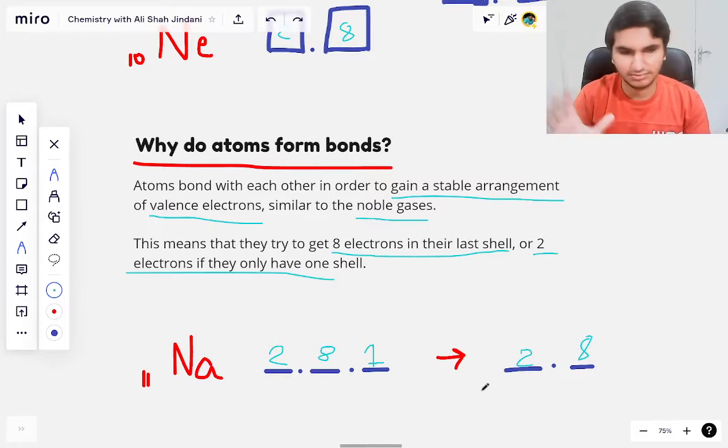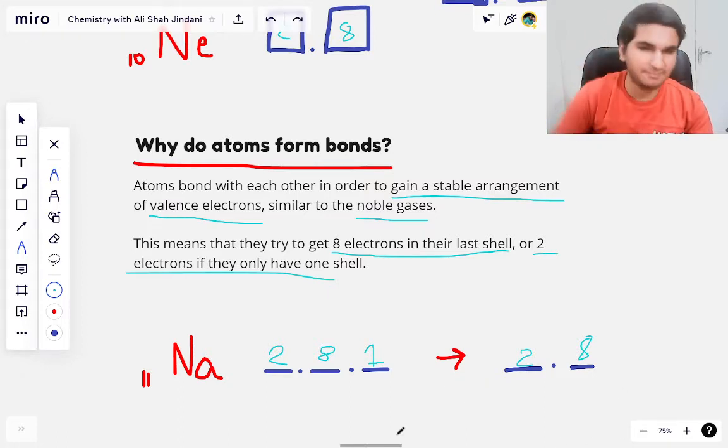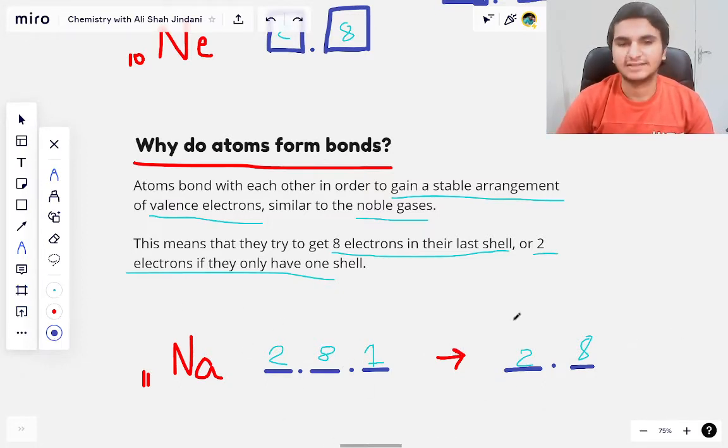You don't have to mention it, because 0 electrons means that shell doesn't exist. You should know that the shells are imaginary, they are not really present, they are just imaginary shells, the orbits, right? So this is how you do it for sodium.